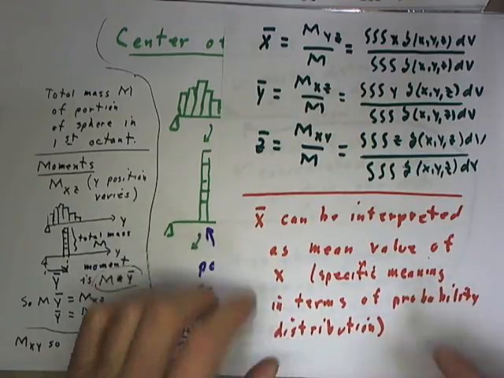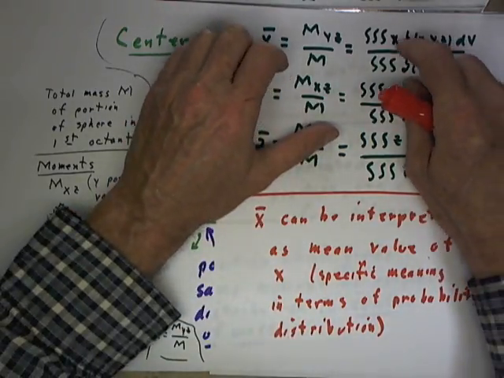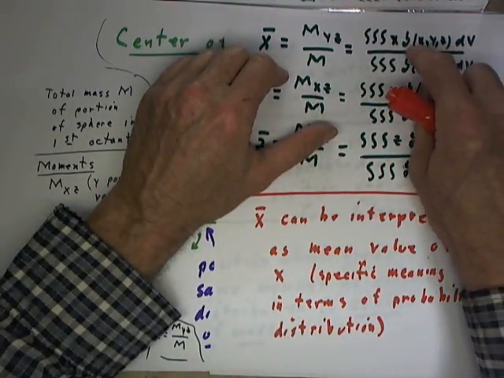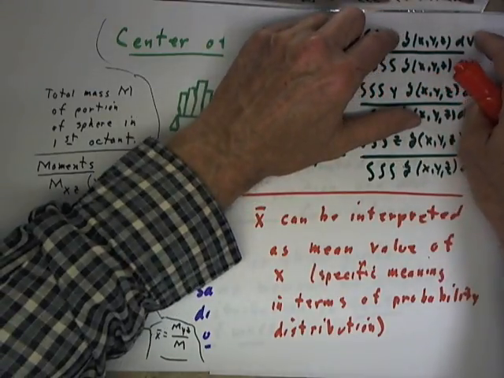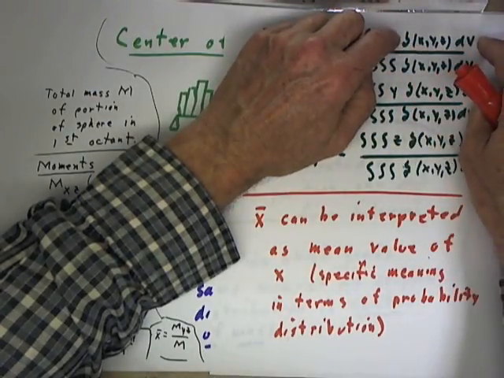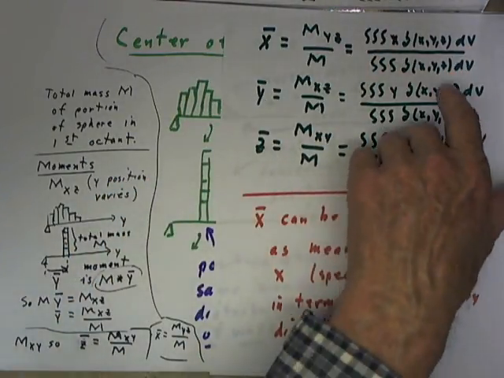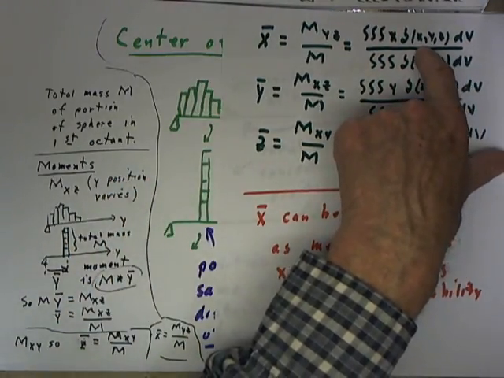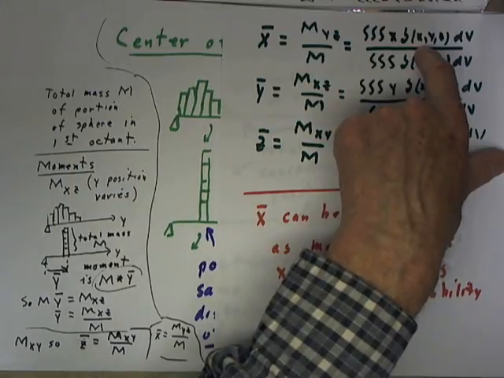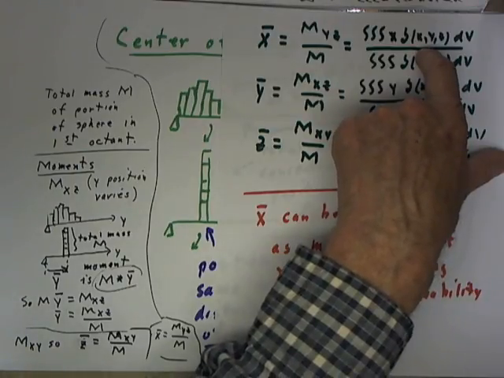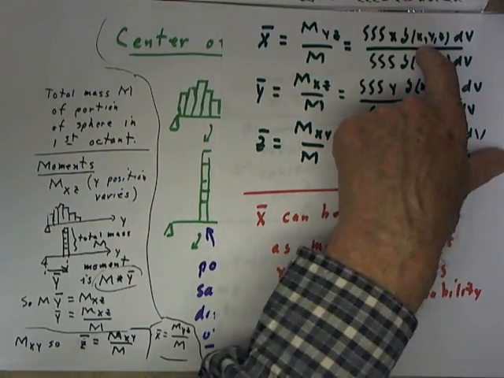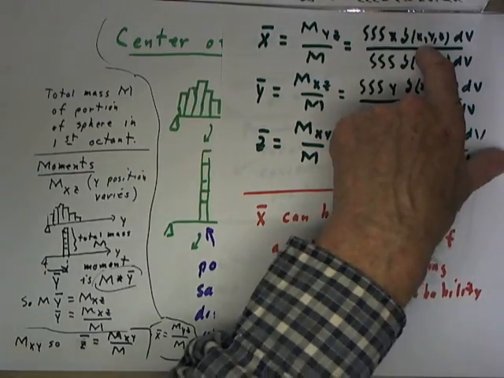In terms of a probability distribution, if we integrate x squared times this would be interpreted as the probability of a variable falling within a certain region of definition of the distribution.